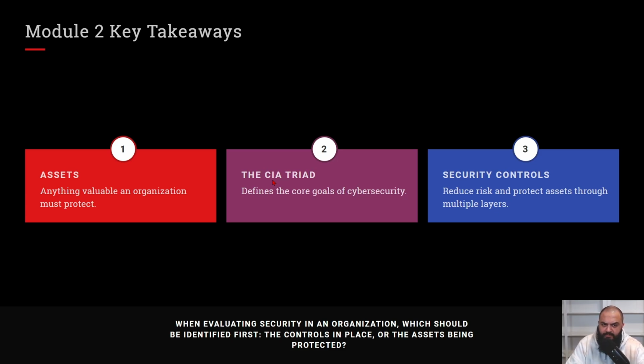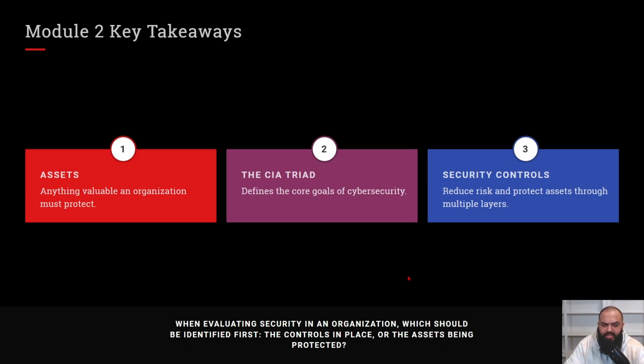And then availability, making sure that the systems are up when they need to be used, making sure that the data is available when it's needed. Availability. And then we just talked about the controls, right? Your technical controls, your physical controls, your administrative controls. The question on this slide: when evaluating security in an organization, which should be identified first?